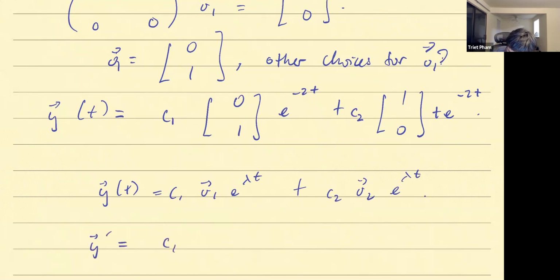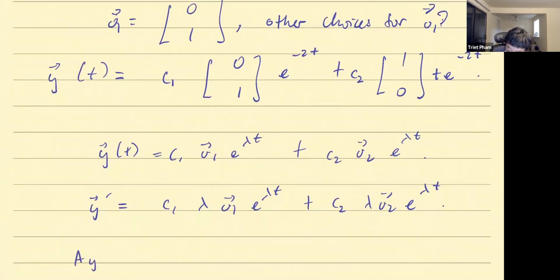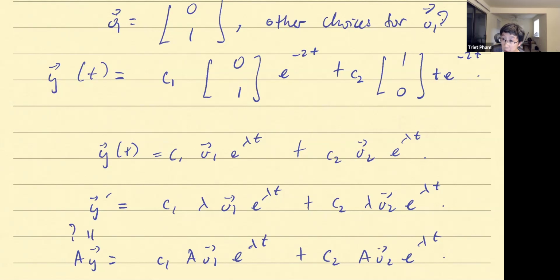Y prime is C1 lambda V1 e to lambda t plus C2 lambda V2 e to lambda t. What's Ay? Ay is C1 A V1 e to lambda t plus C2 A V2 e to lambda t. And they must be equal, because that's supposed to be the solution.